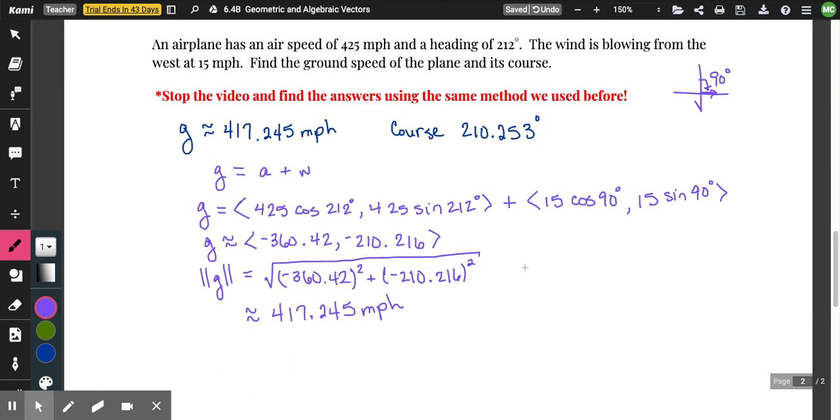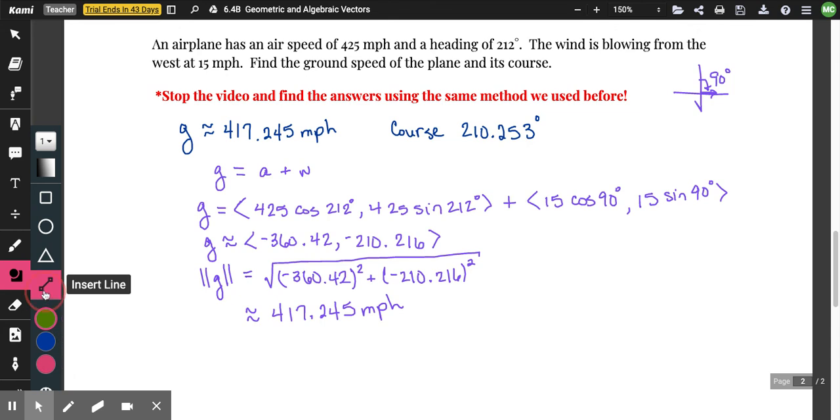Now, in order to find the course, I'm going to draw a little picture here. I'm going to try to not make this confusing. This has a tendency to be a little bit confusing.